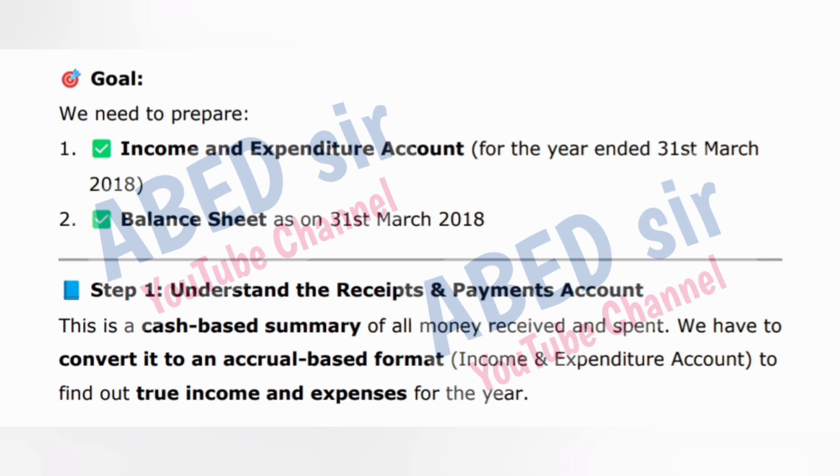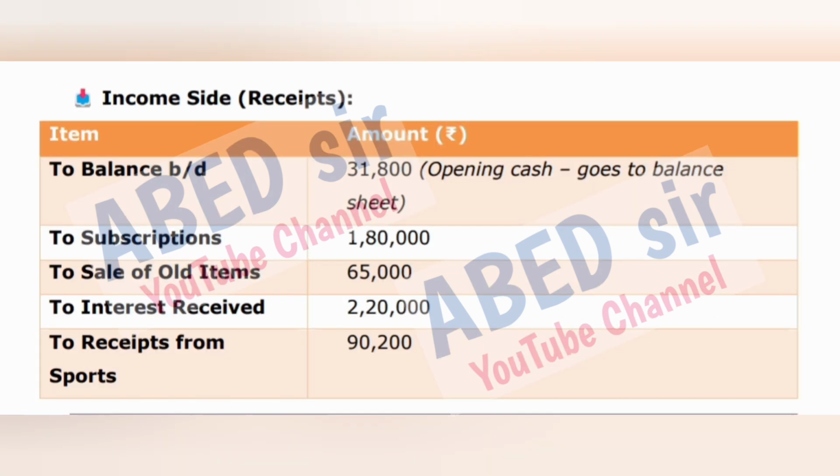Step 1. Understand the receipts and payments account. This is a cash-based summary of all money received and spent. We have to convert it to an accrual-based format, the income and expenditure account, to find out true income and expenses for the year. Income side, receipts.